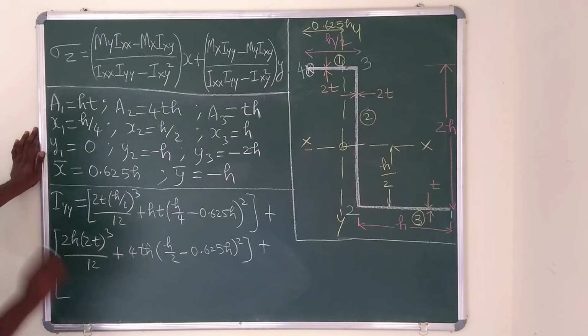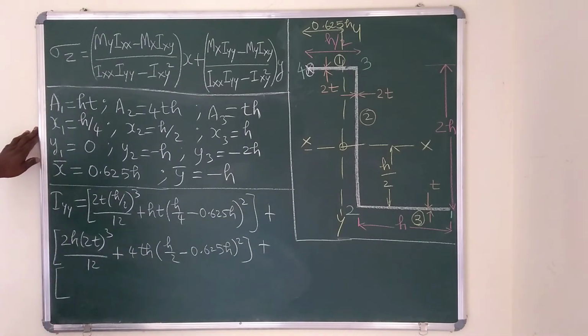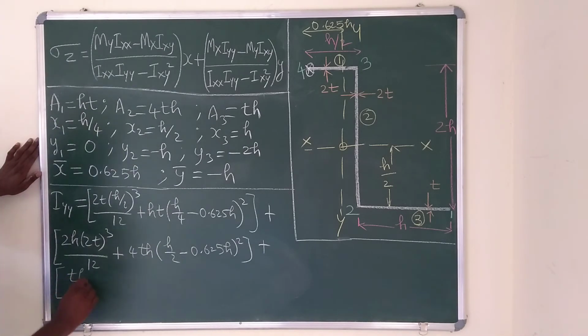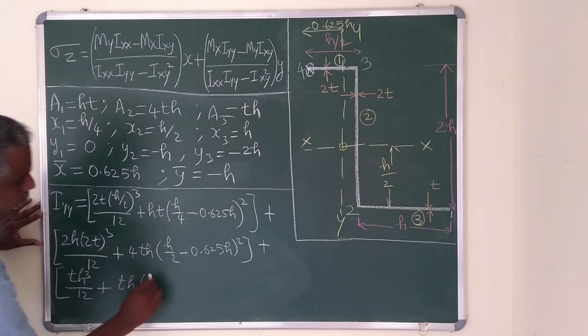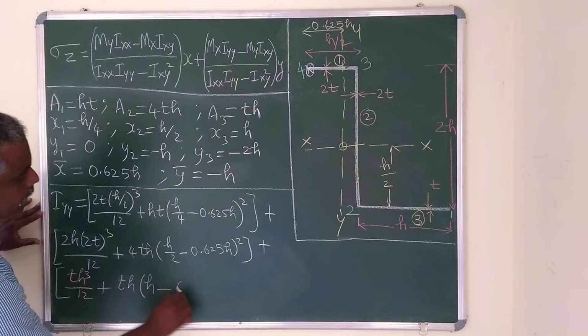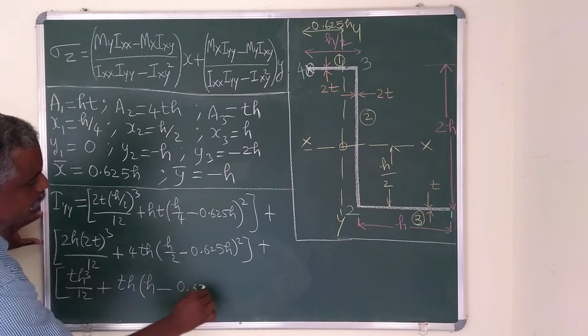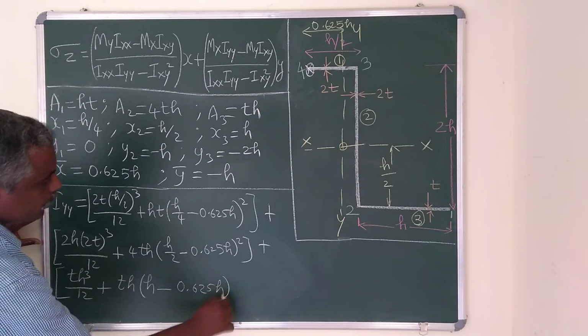Plus the third section, again db cube by 12, t into h cube by 12, th cube by 12, plus area A3, which is th, into (x3 minus x bar), where x3 minus x bar is 0.625 h, the whole square.